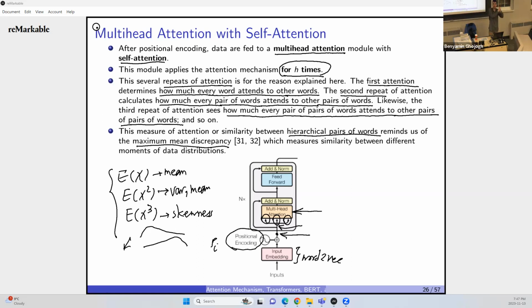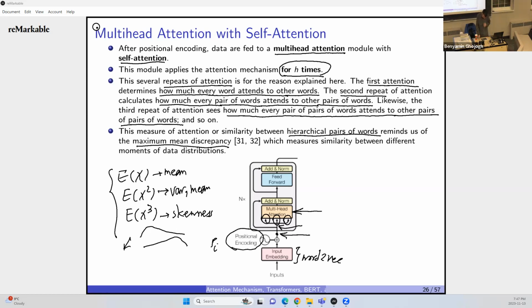In the Hilbert space, calculate their simple Euclidean distance. Hopefully, that calculation is a good estimate of the difference of all of the momentums in the input space. This is called maximum mean discrepancy. And the hierarchical pairs of words that I just said has the same idea as maximum mean discrepancy because it's calculating the difference of momentums with each other, right?